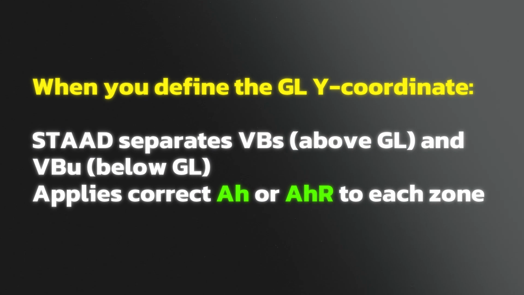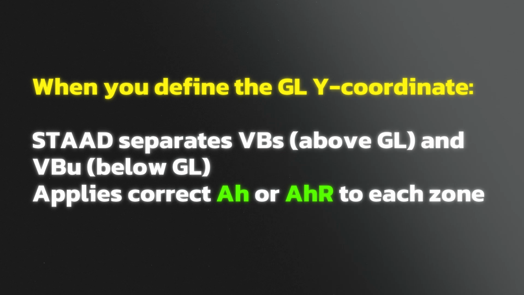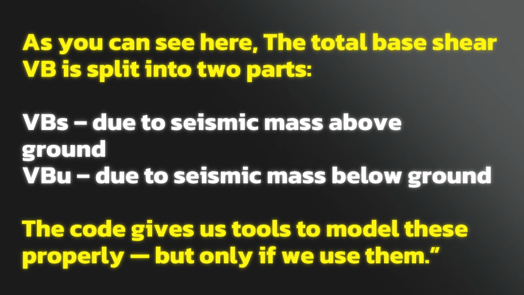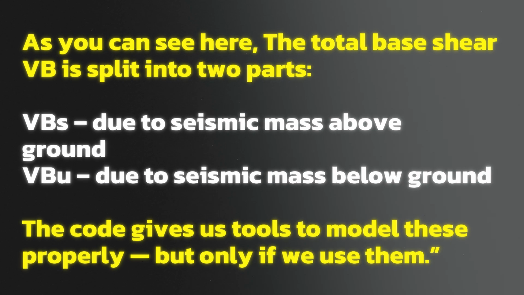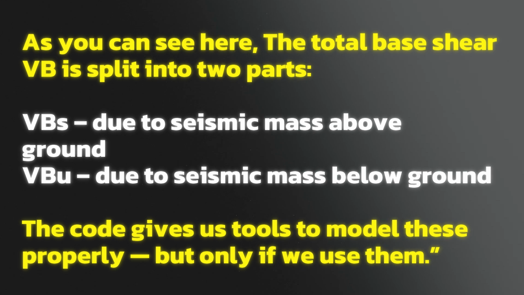So when you define the GL Y coordinate, STAAD separates VBS above ground level and VBU below ground level, and applies the correct AH or AHR to each zone. As you can see here, the total base shear VB is split into two parts: VBS, due to the seismic mass above ground, and VBU, due to the seismic mass below ground. The code gives us tools to model this properly, but only if we use them correctly.